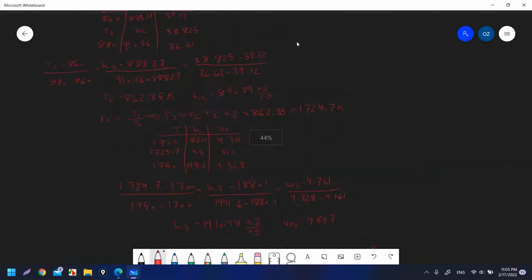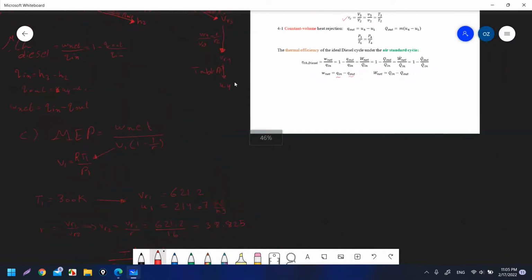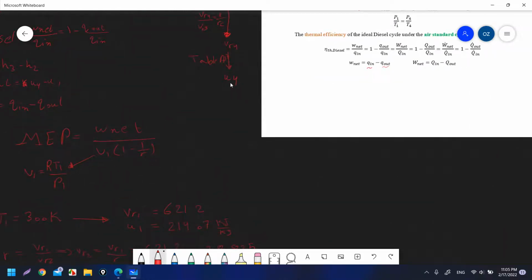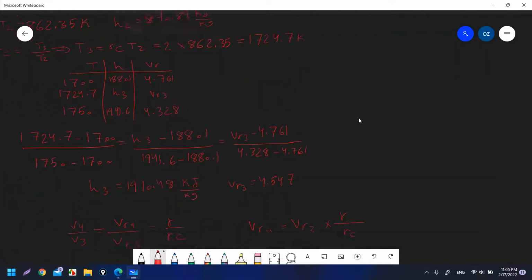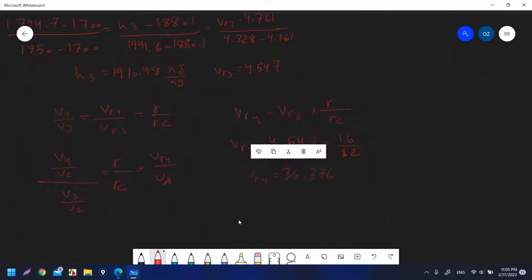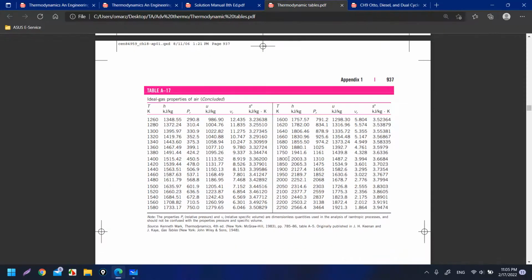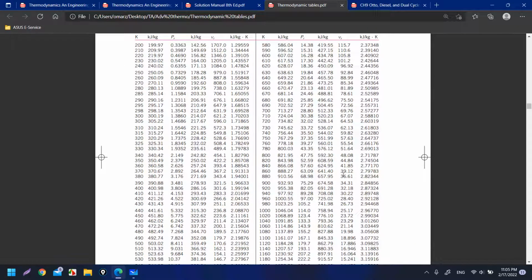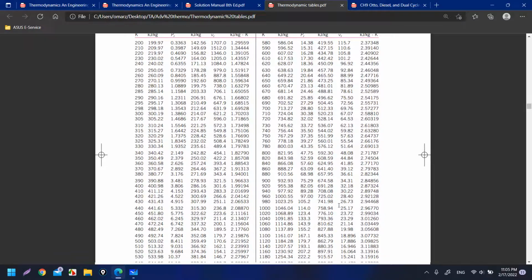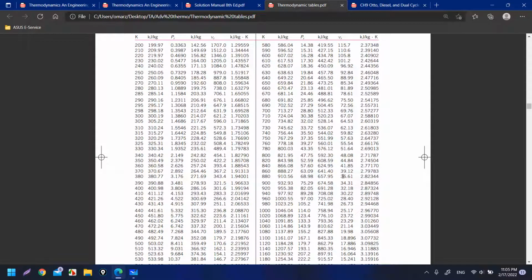Using VR4, I can find the specific internal energy using table A17. So I will go to the table for VR4, 36.37, 36.36, 36 is between these two numbers.